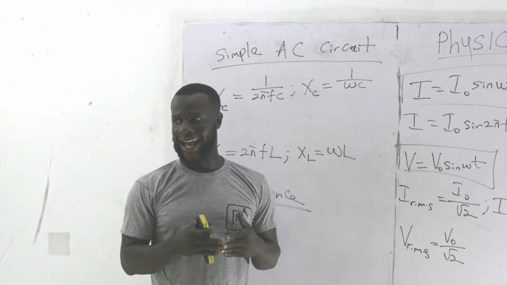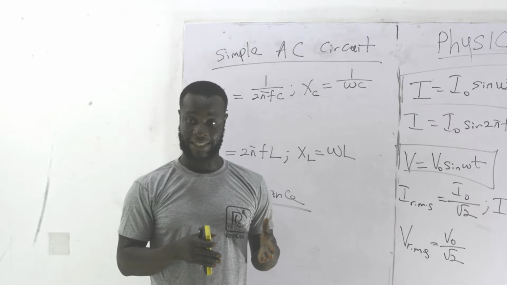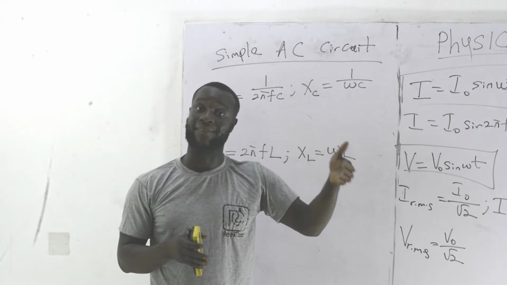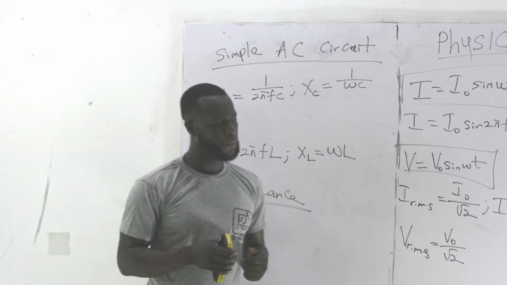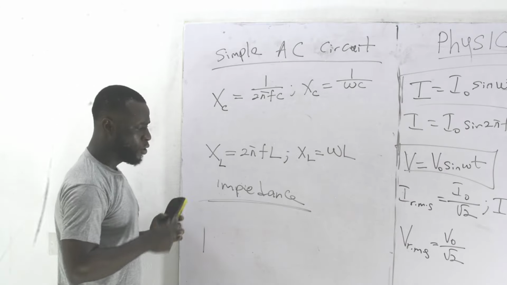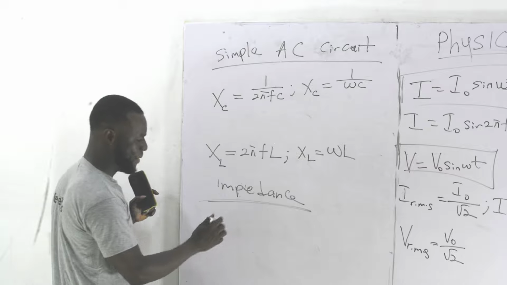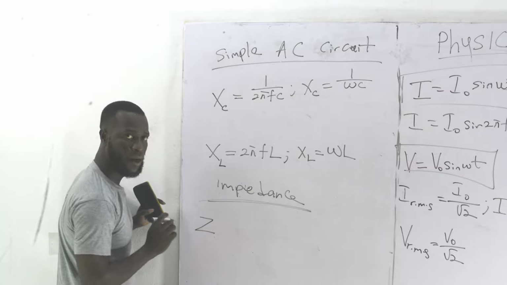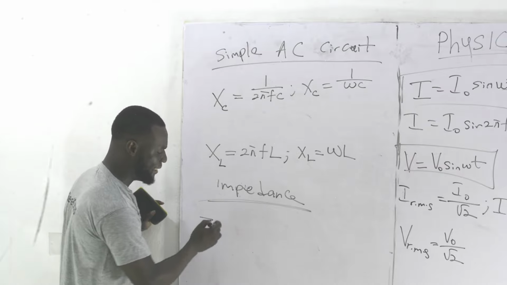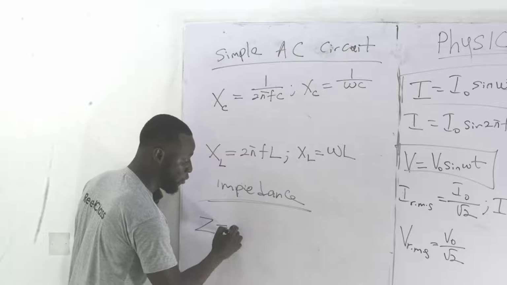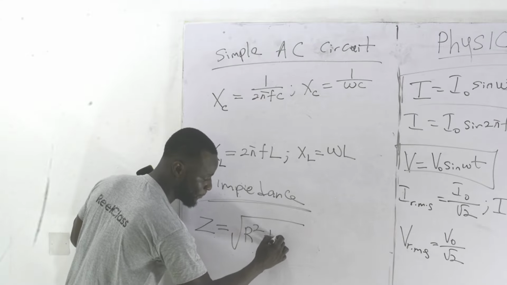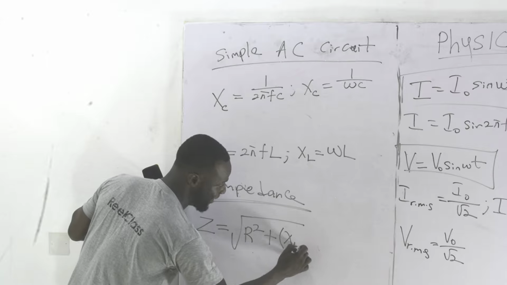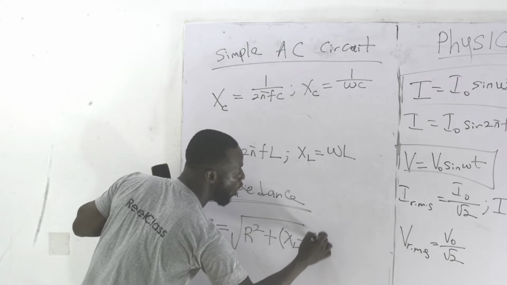In other words, impedance is simply resistance and reactance. The symbol we use to represent impedance is Z. Impedance Z is equal to the square root of R squared plus (XL minus XC) all squared.